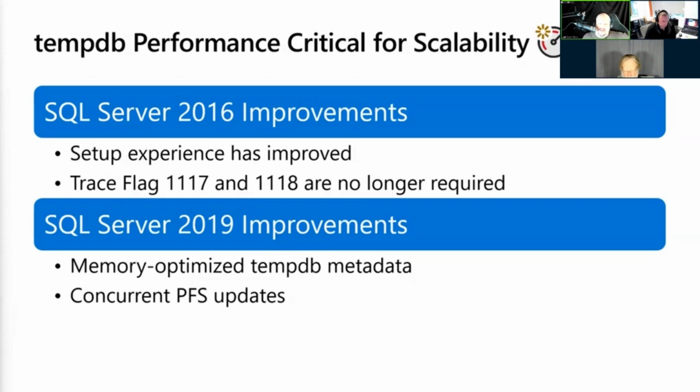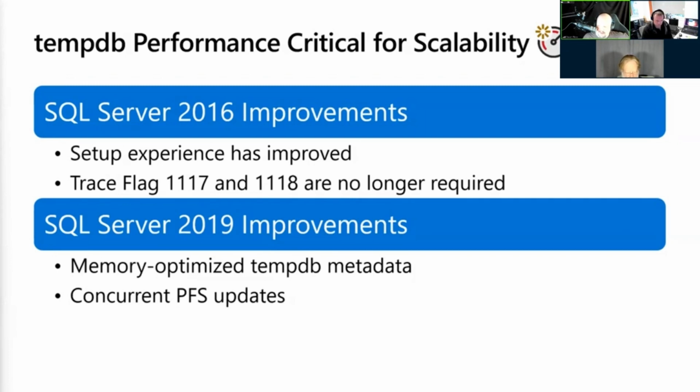In SQL Server 2017, we increased the allowance of the initial TempDB size to 256 gigs per file, and we added the sys.dm_tran_version_store_space_usage to track version store usage per database. In 2019, we added the memory optimized TempDB metadata capability.